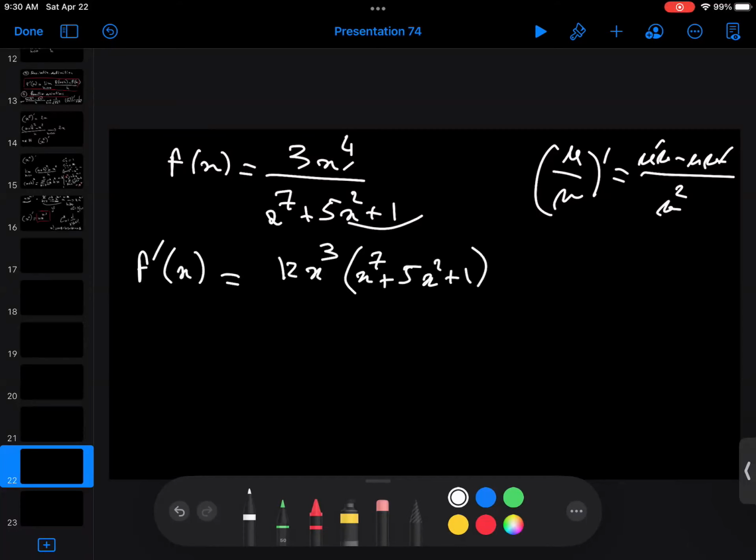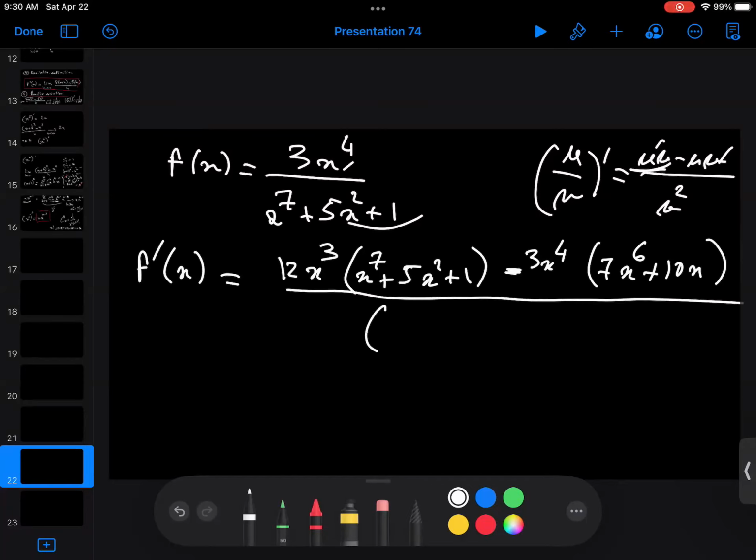Then minus u times v', and v' is 7x^6 plus 10x. Divided by v squared, which is (x^7 plus 5x squared plus 1) squared. I just applied the formula.